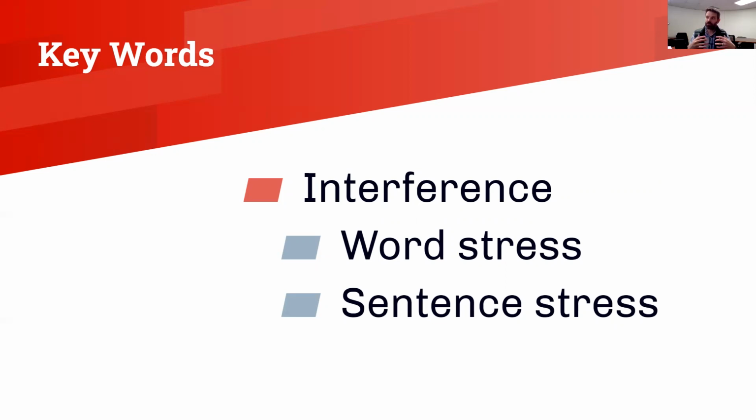And the same is true when we talk about a sentence. In a sentence, some words, primarily the content words, nouns, verbs, adjectives, and adverbs, are pronounced more clearly and slowly than the other words in the sentence, the function words like prepositions, determiners, and pronouns.